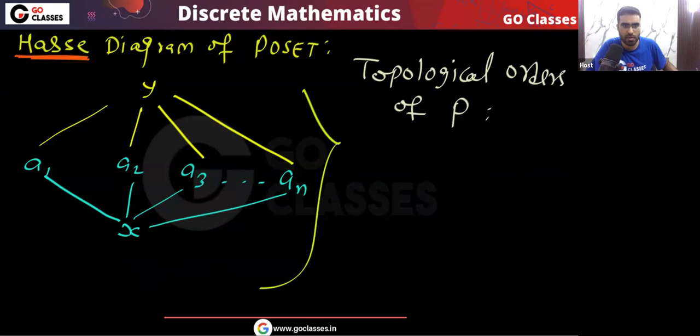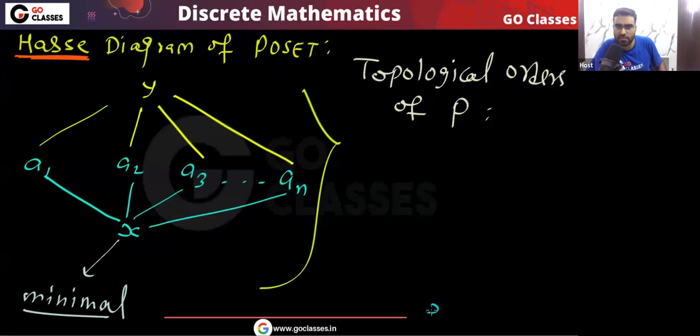See, this X is the minimal element, right? So you will start with X. There is no other choice. And can Y come before something?